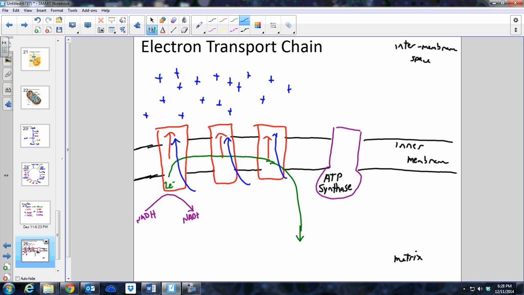Because NADH makes 3 stops along its way to the end. And so it drops off those 2 electrons. Well, NADH doesn't make the stops, the electrons do. And so the electrons stop here, 1, here, 2, and here, 3. And each time they make a stop, they are pumping 1 proton across the membrane.